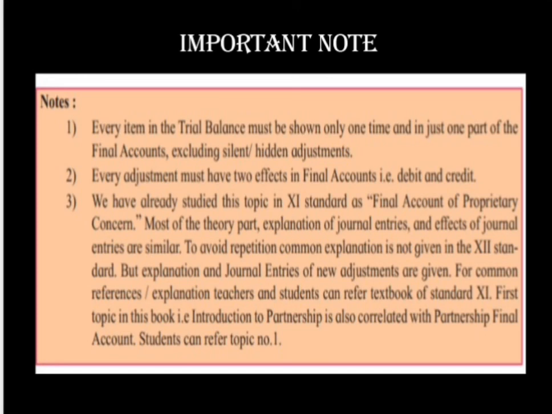We have already studied this topic in 11th standard as final accounts of proprietary concern, and most of the theory part, explanation of journal entries and effects of journal entries are similar. And to avoid repetition, common explanation is not given in the 12th standard, but explanation and journal entries of new adjustments are given.